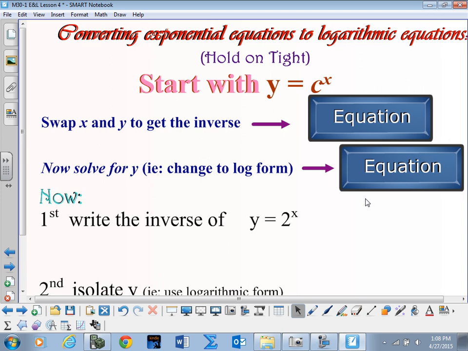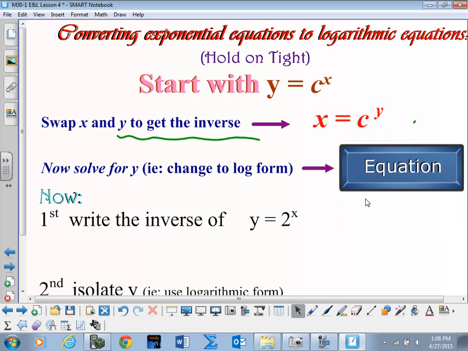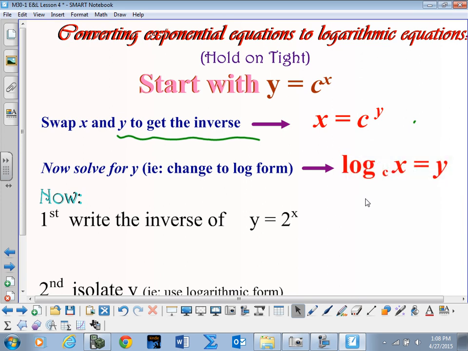All right, so here's an overview. If we started with y equals c to the x, we're going to get the inverse by switching x and y. Here's the switch of x and y, and we're stuck because we can't isolate y unless we change to exponential. So the base is c, y is the exponent, y is what we want to isolate, and what the exponential function used to equal is now in this position.